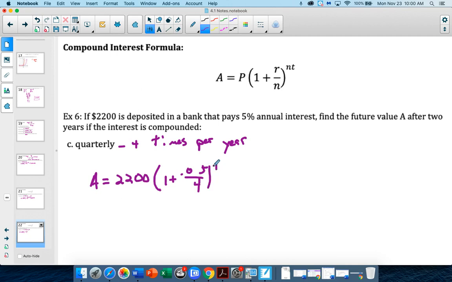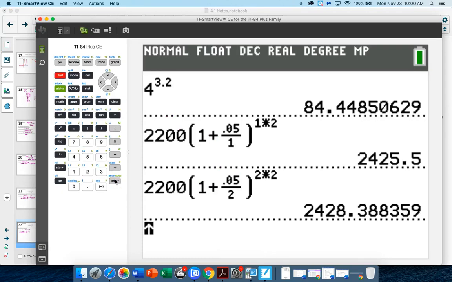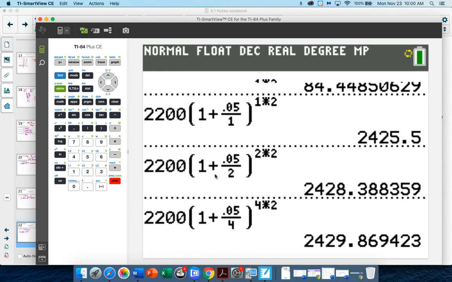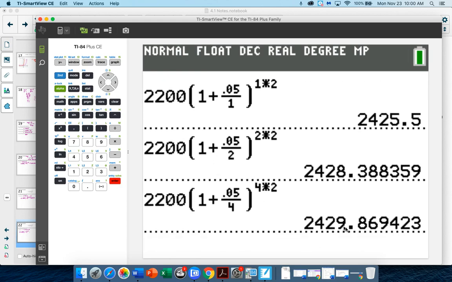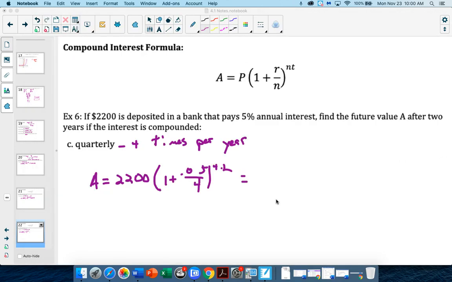So 4 times 2. So again, plug that into the calculator. If I hit second entry, I can just change these values to 4s, and we get a little bit more money, right? So 2,429.87.